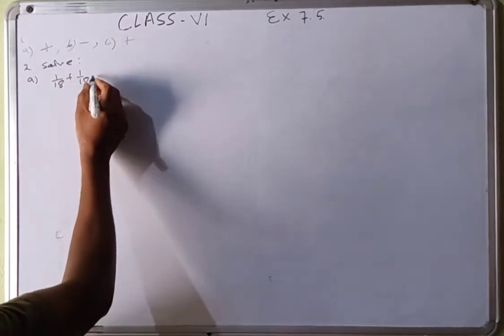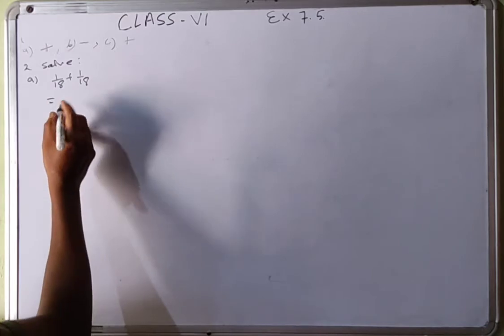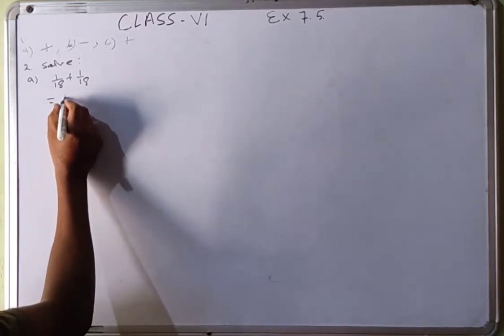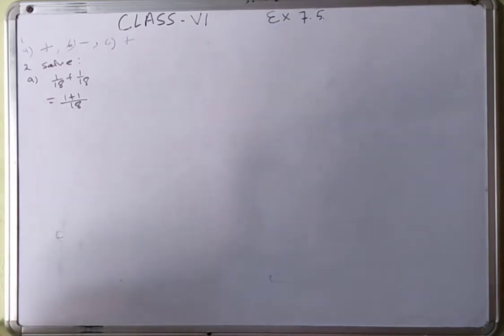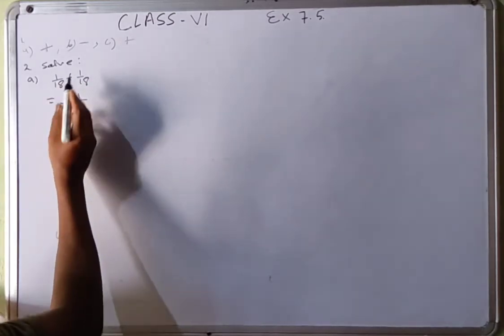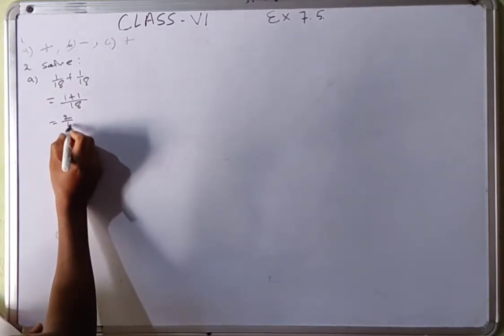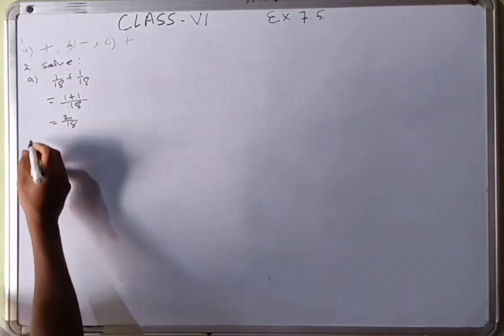You are looking, both denominators are the same, so you will write like this, 1 plus 1 upon 18. If both denominators are the same, then we can add the numerators directly. So that will be 2 upon 18, or you can cancel also.